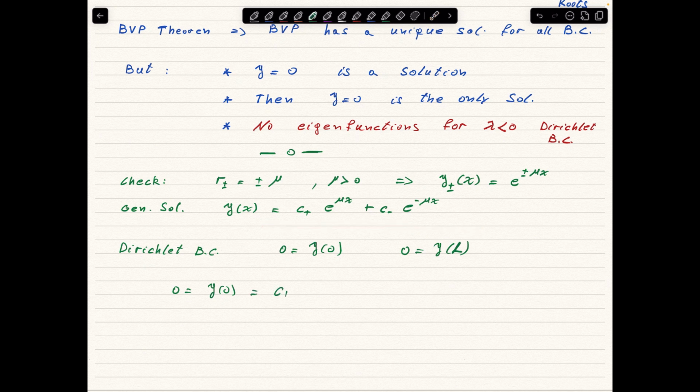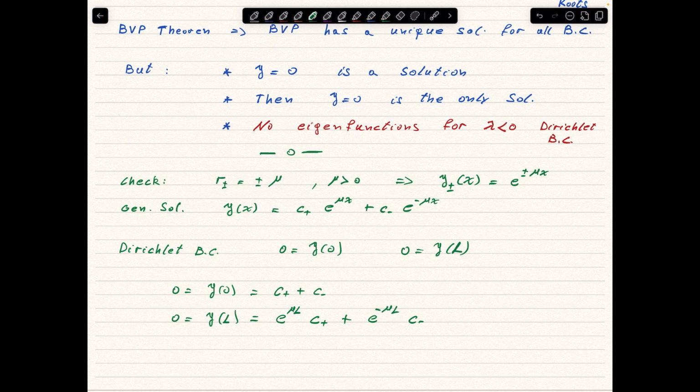It's going to be equal c plus plus c minus. Okay, the other boundary condition is the function at L. Alright, we evaluate the exponentials and we get exponential mu L times c plus plus exponential negative mu L c minus.